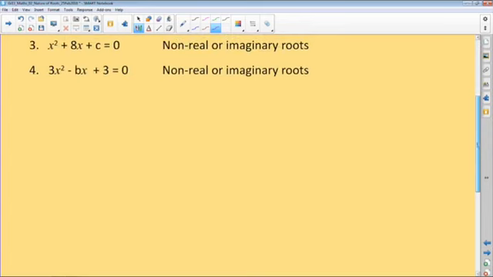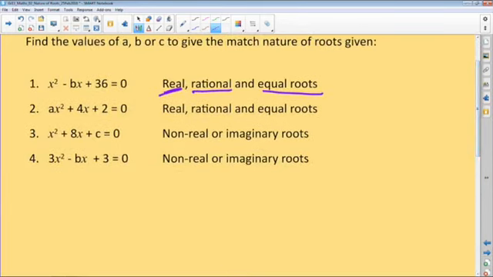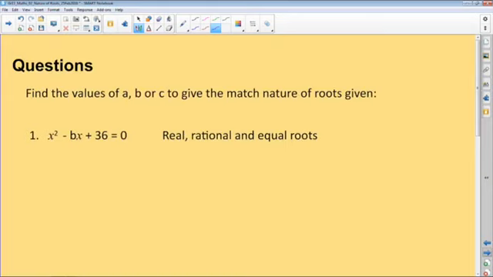Then your discriminant should be equal to 0. So your b squared minus 4ac is 0. So you have minus b all squared minus 4 times your a is 1, and then your c is 36 equals 0.